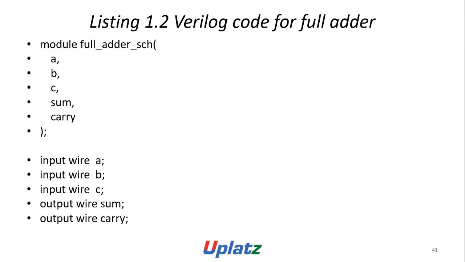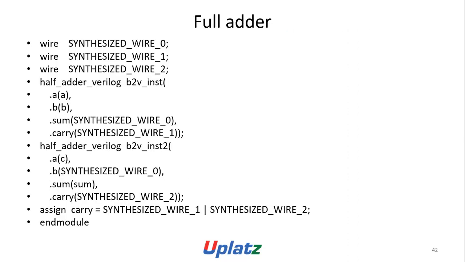Listing: Verilog code for full adder. Module full adder (A, B, C, sum, carry), input wire A, input wire B, input wire C, output wire sum, output wire carry.